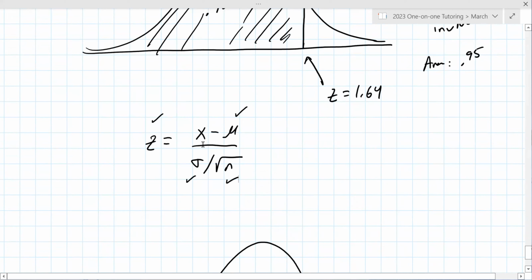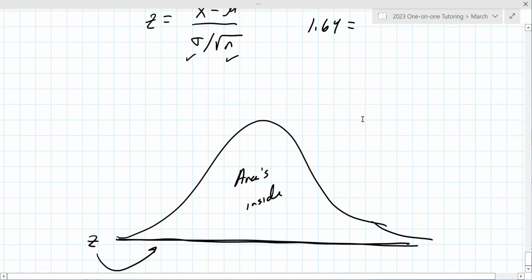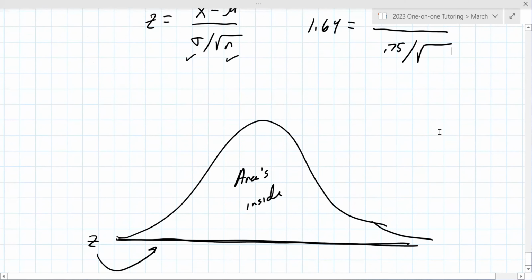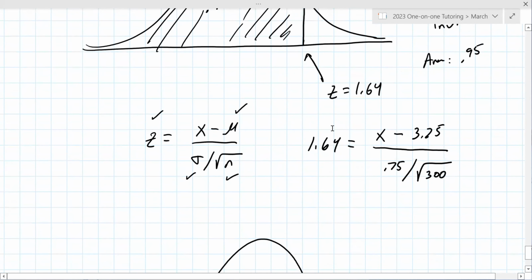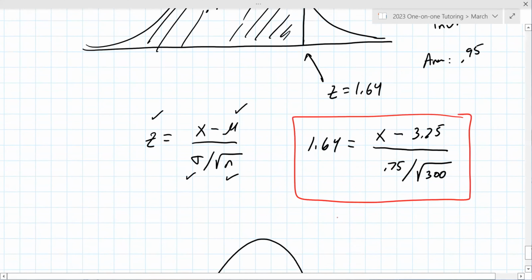On your reference sheet, it may already be solved for X. We can just put the numbers in here. 1.64 equals X minus 3.25 over sigma, 0.75, over the square root of 300. Sorry for all the scrolling. So we're solving this equation for X.